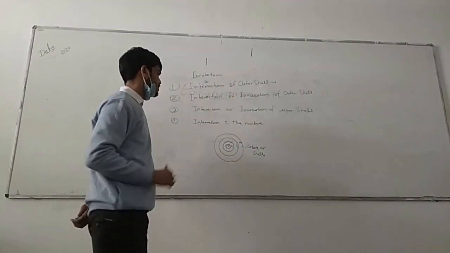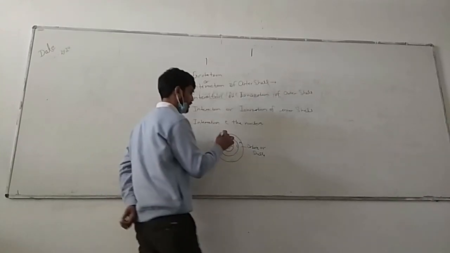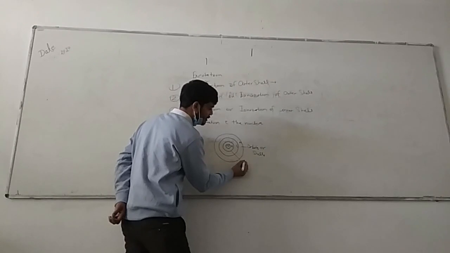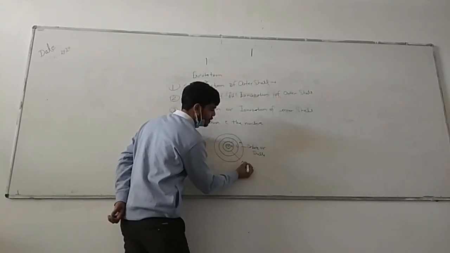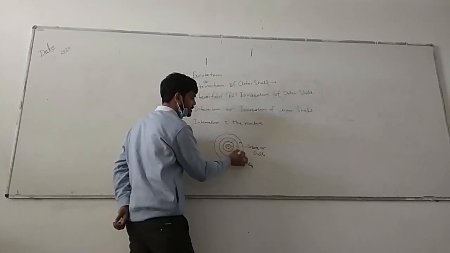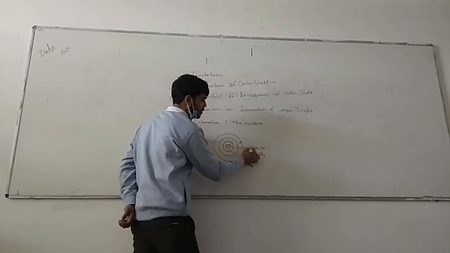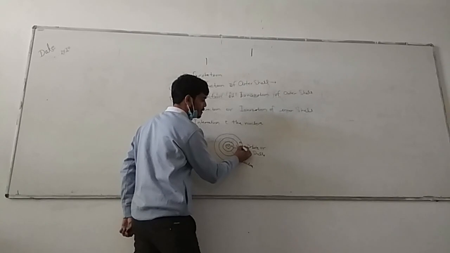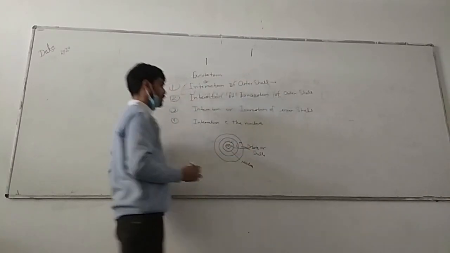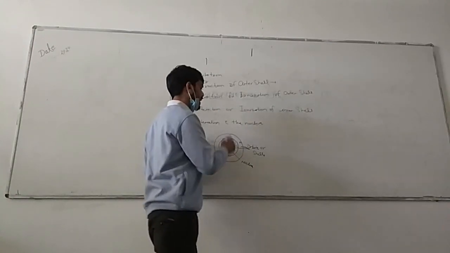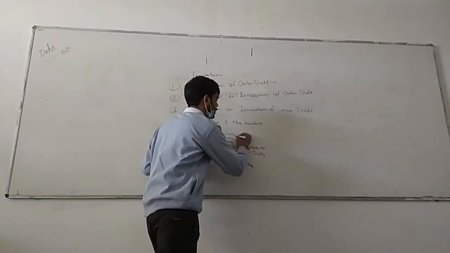In this diagram, this is nucleus. These are the orbits. K, L, N. In this diagram, M is the outer cell.